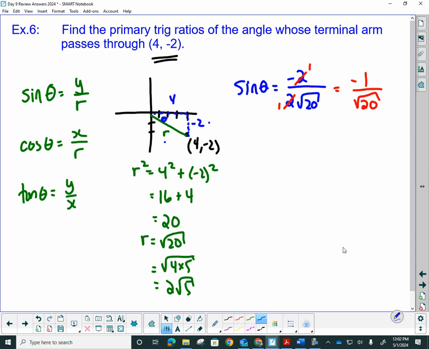Cos theta is going to be adjacent over hypotenuse. So the adjacent side to theta is that one, and the hypotenuse, so that's 4 over 2 root 5. I'm sure you're probably screaming at the video.